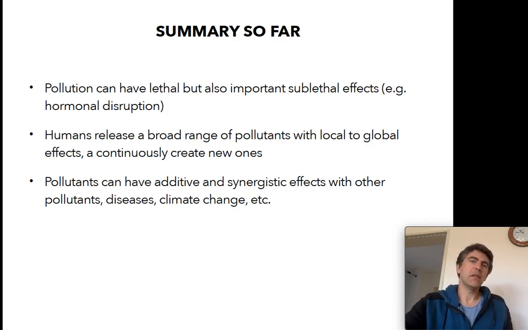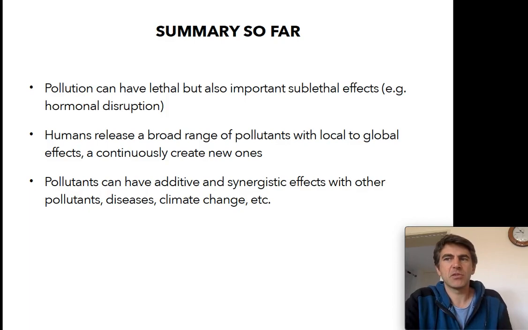So, lethal effects: the lethal dose is often the dose at which 50% of a particular tested population die. But you can also have sublethal effects, for example, hormonal disruption, like we've shown on one of the previous slides.